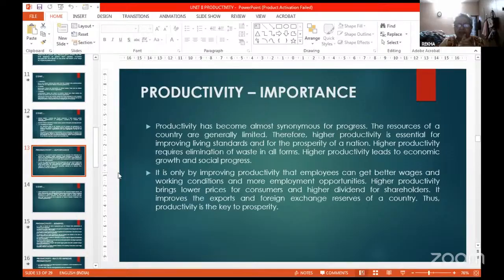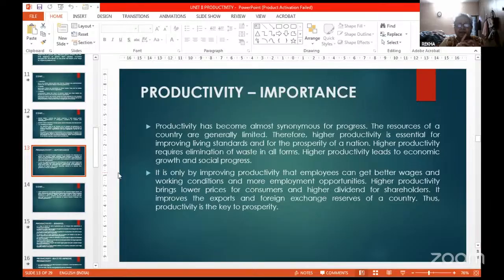Therefore, higher productivity is essential for improving living standards and for the prosperity of a nation. Higher productivity requires elimination of waste in all forms, as I said, effectively and efficiently. So, waste should be minimized. Higher productivity leads to economic growth and social progress.